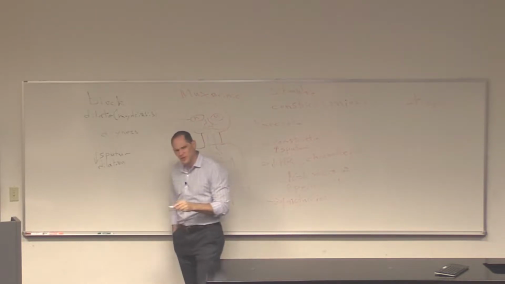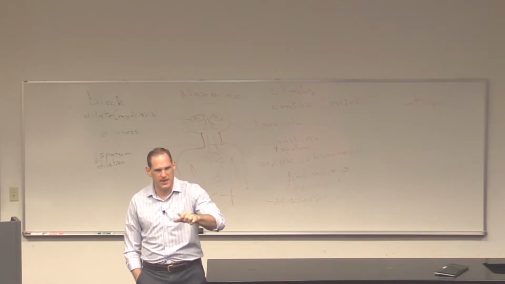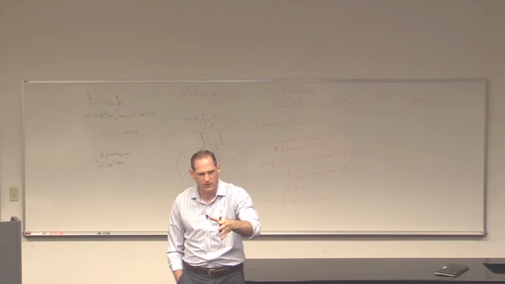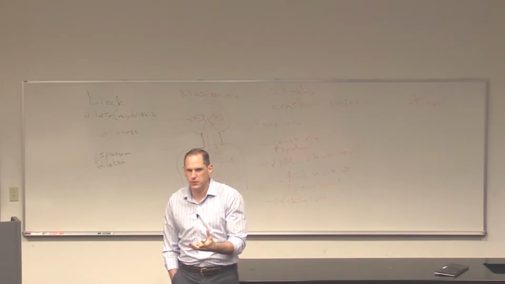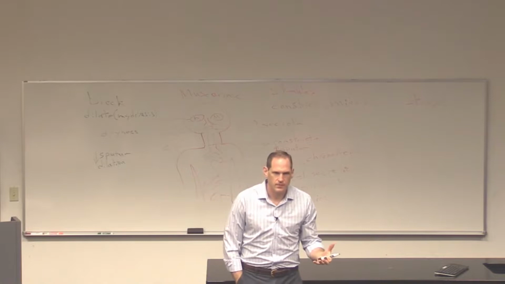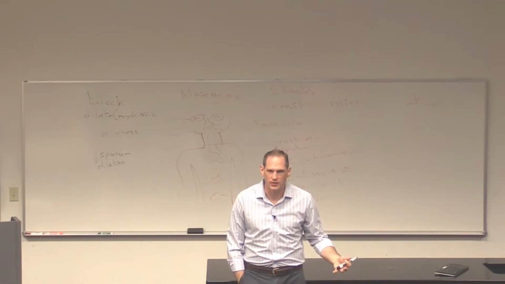Does that sound useful? Do you think it might be useful to have a drug that can reduce the amount of sputum and make it easier to breathe because your airway is bigger? Yeah. What do you think we could use a drug that does that for? Okay, bronchitis, sure. Asthma and chronic bronchitis are the main ones.